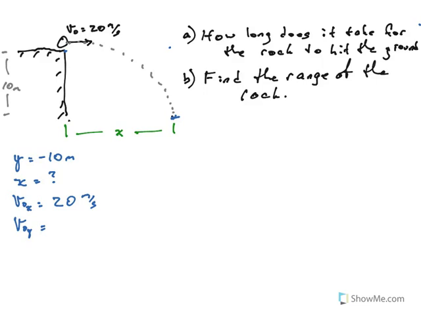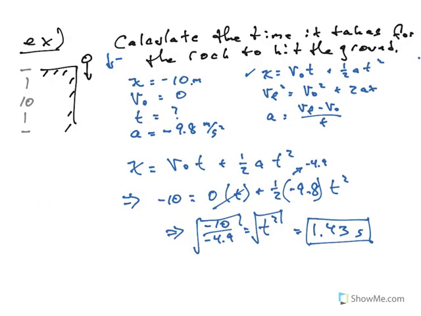Well, because I'm told that when I threw this rock, it had purely a horizontal velocity, that means there was no vertical velocity at all to its starting motion. So in essence, it's just like the previous problem where the rock was just dropped from my hand.